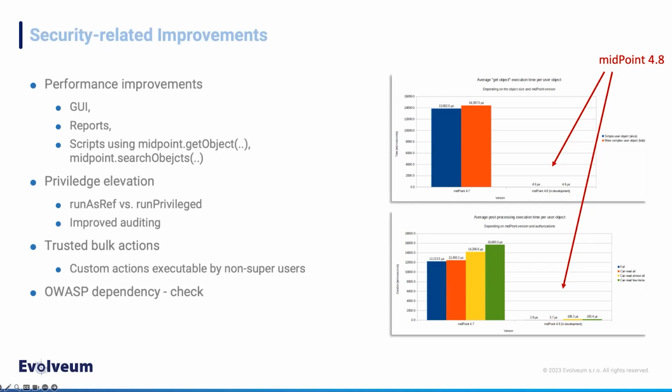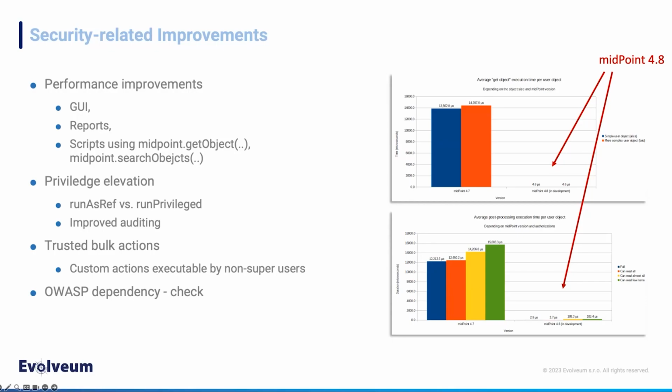To provide the possibility to run custom actions under non-super users, trusted bulk actions were introduced. A good example of why this was needed are custom actions which can be configured in the GUI using task templates. Such templates usually contain bulk actions, which contain Groovy scripts that need to be executed. Since Groovy scripts are in general dangerous, there existed a restriction that such actions could be performed only under the administrator.